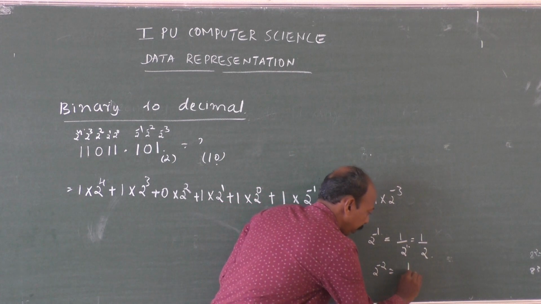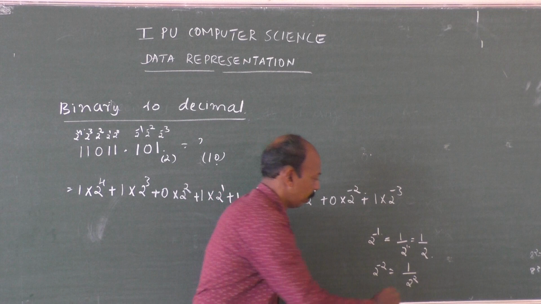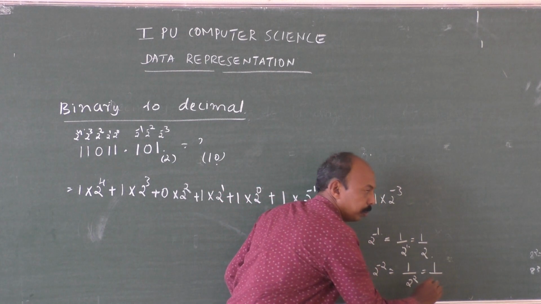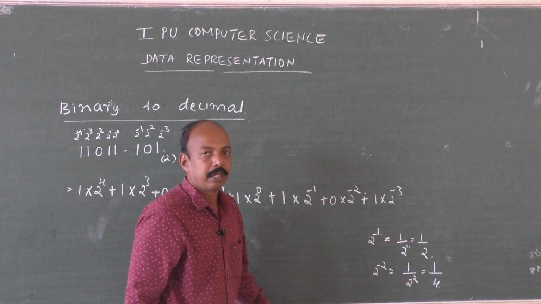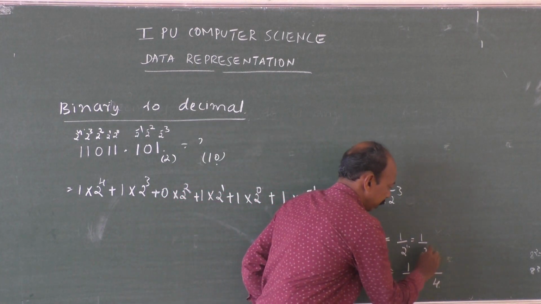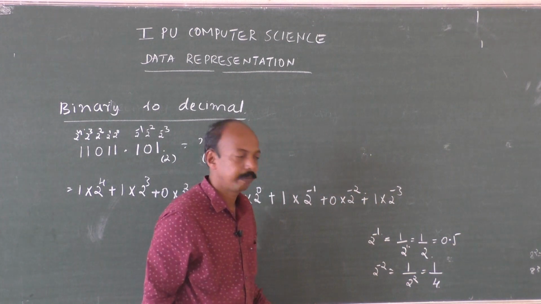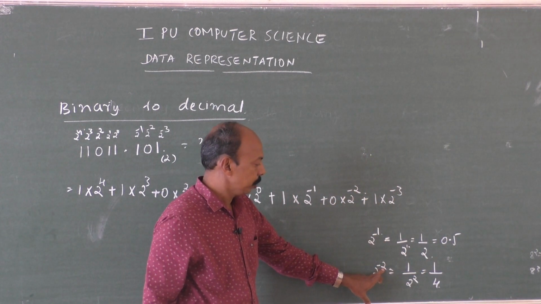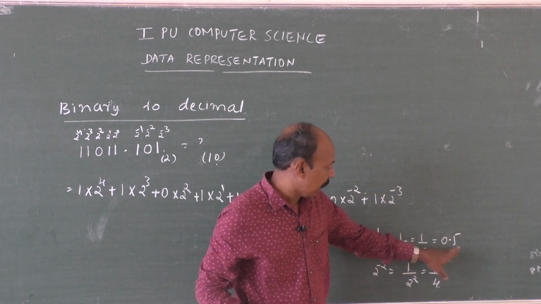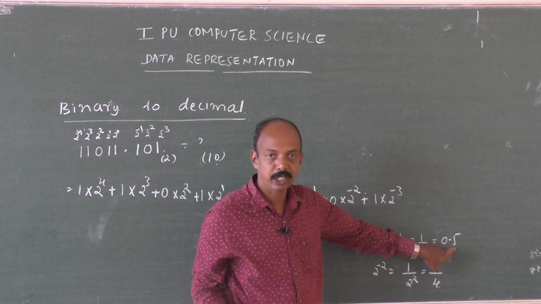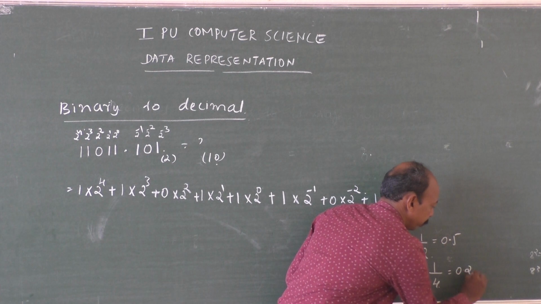This will be 1 by 2 to the power 2, 2 into 2 is 4, so 1 by 4. What is the answer for this? 1 by 2 is 0.5, half. 1 by 4 is half of this, half of 0.5, which will be 0.25.